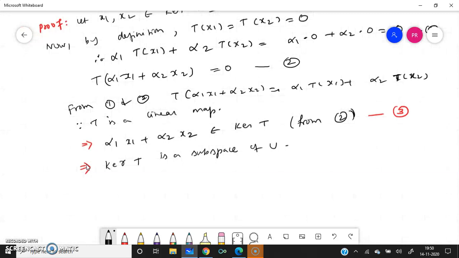Now we have to prove range of T is also a subspace.